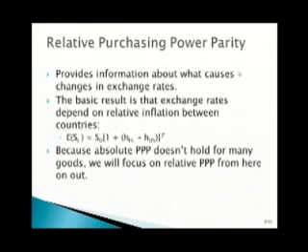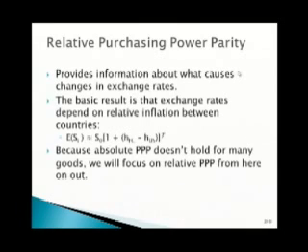Then we talk about relative purchasing power parity, and the big issue here is inflation, and we're going to denote inflation by the letter h. Relative purchasing power parity provides information about what causes changes in exchange rates. The basic result is that exchange rates depend on relative inflation between countries.